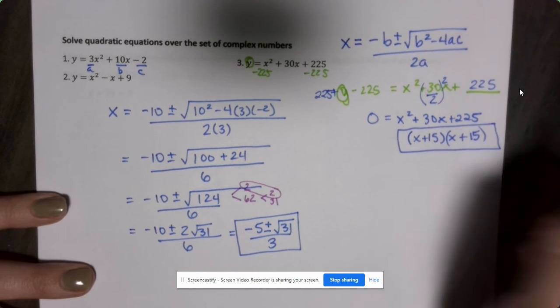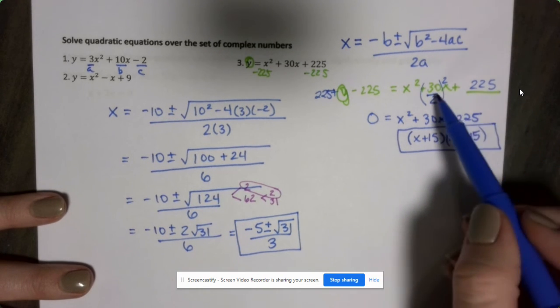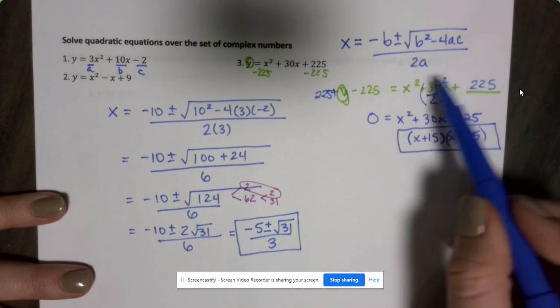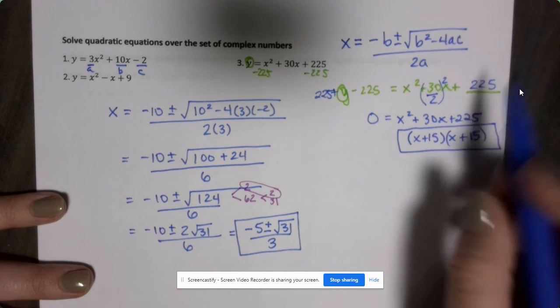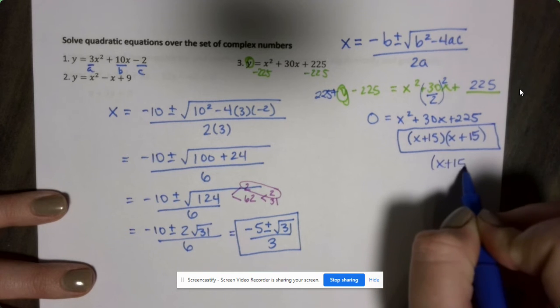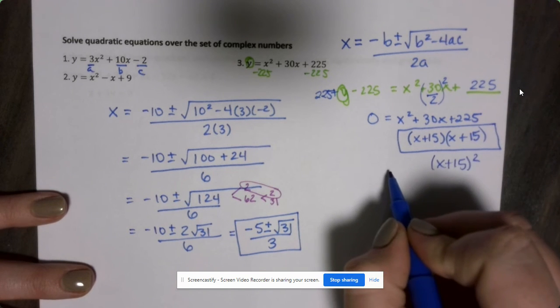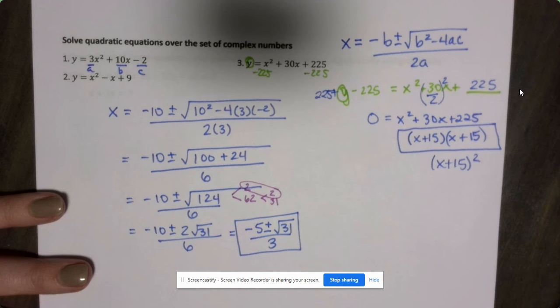Now, if this wasn't something we could factor, we would factor what we've been given over here, like x plus 15 squared, and that would equal some number. We take the square root of both sides and move on with our lives.